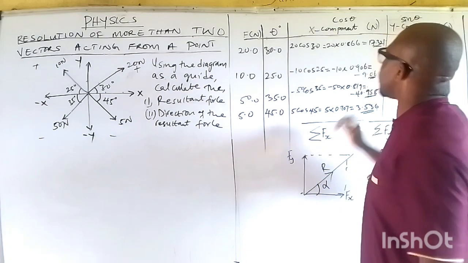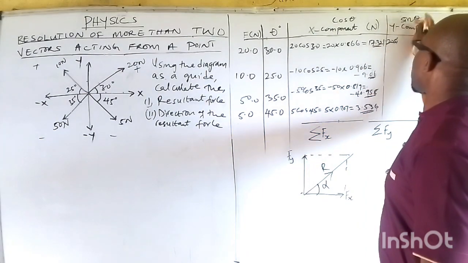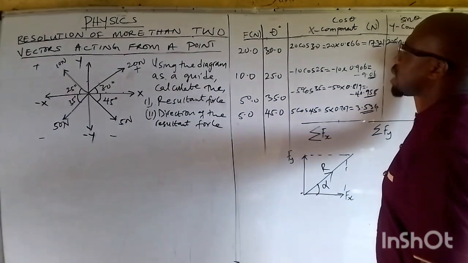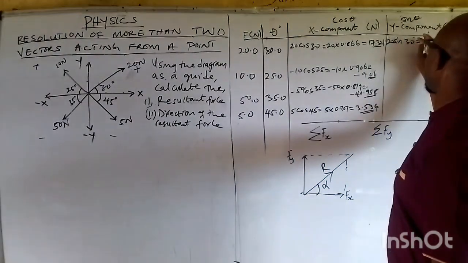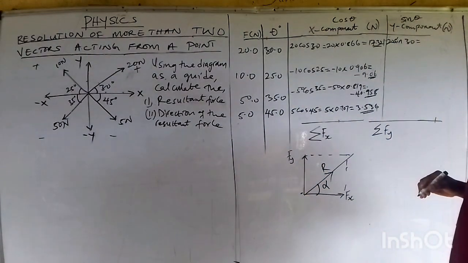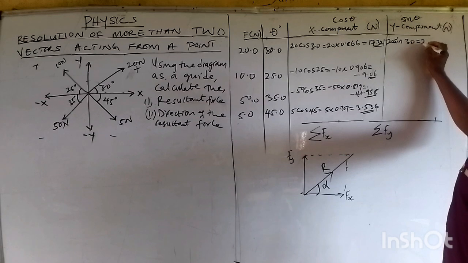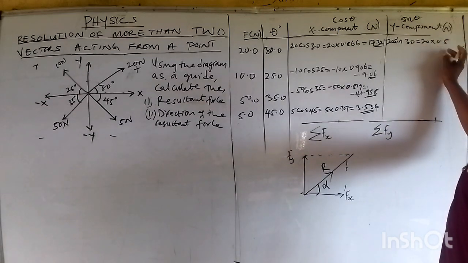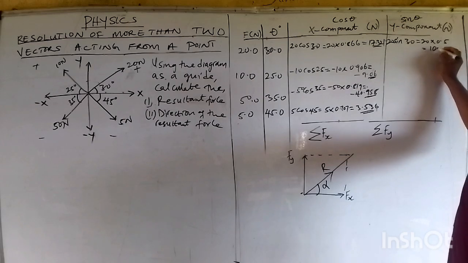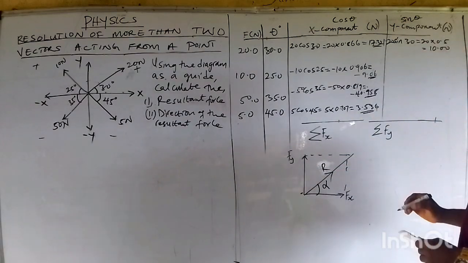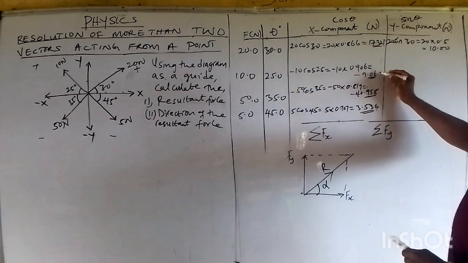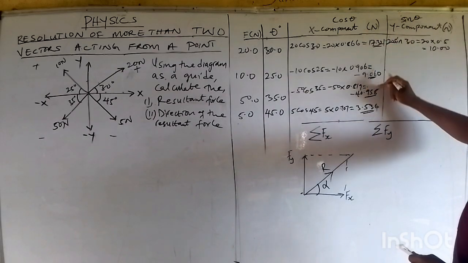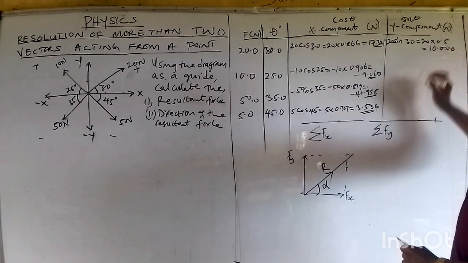The first one, 20, remember sine. 20 sine 30, and sine 30 is 0.5. So we have 20 times 0.5, which will give us 10.000. Since we're dealing with 3 dp, we make it 3 dp here.